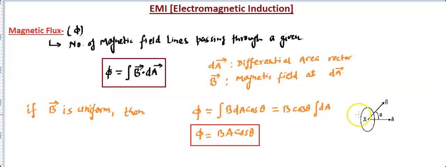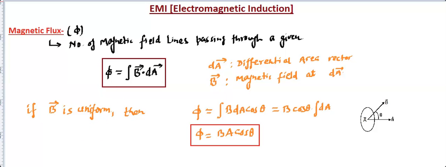You can say loop or you can say area. When we say loop, we are basically considering this entire area, and saying area has the same meaning. So from this area, this is the amount of flux when B is constant. What is constant? When B is uniform. Uniform means with respect to position.